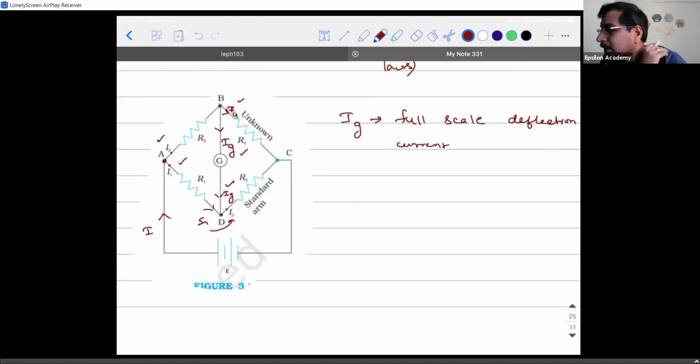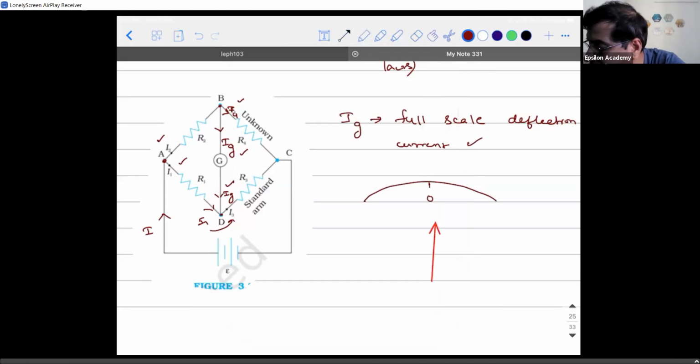I'll check it. Okay. So Ig is called the full-scale deflection current. Let me explain what this full-scale deflection current means. If the pointer is at 0 initially, okay, let's say the pointer is in this way.